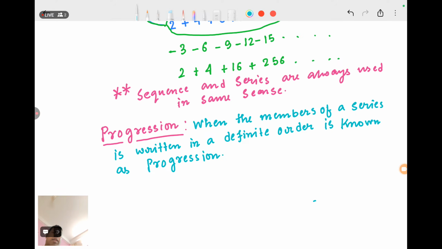Progression. So when the members of a series are written in a definite order, it is known as progression.